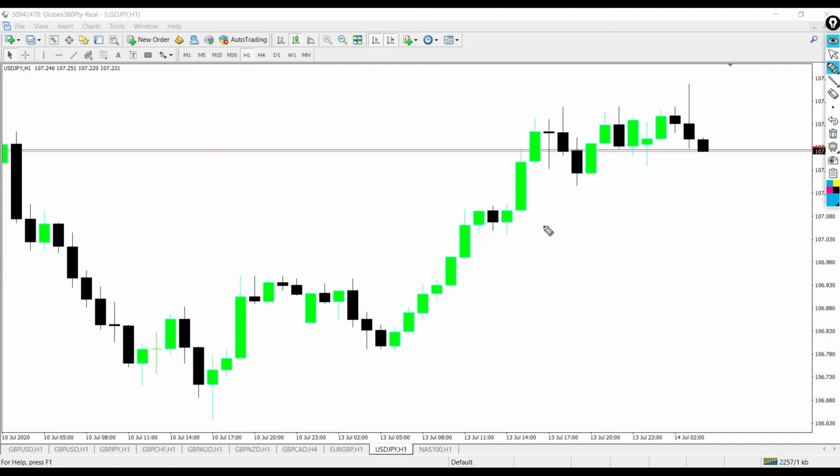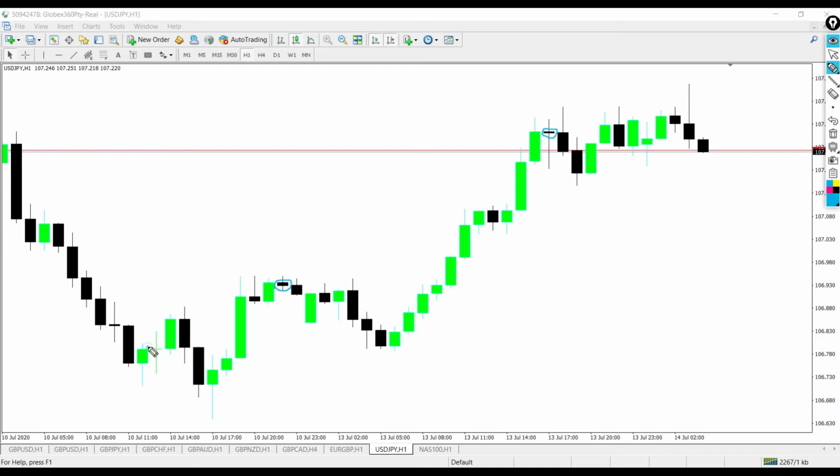So let's go back to the doji candle. I did highlight that this is a doji, this is a doji, and something like this would be considered a doji. Simply because if you look at the body, it almost closes at the same level.